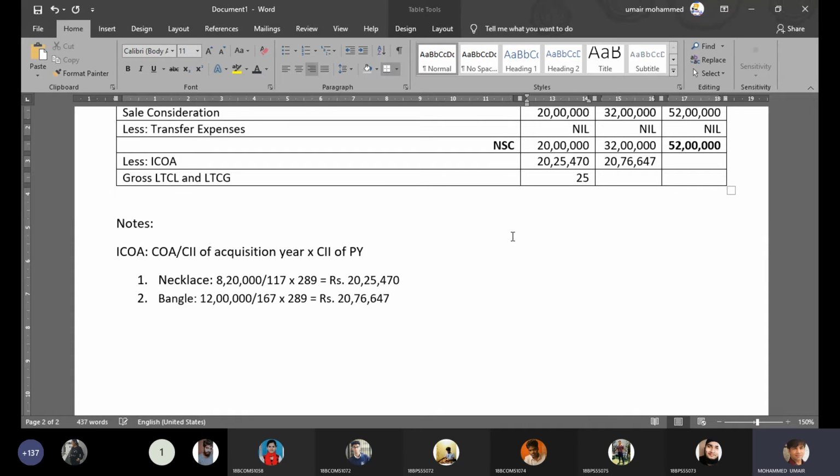The loss is 25,470. What is the profit? 11 lakh 23 thousand. So when you adjust the loss with the profit, the total you get is 10 lakh 97 thousand. That's the profit from the sale of jewelry.